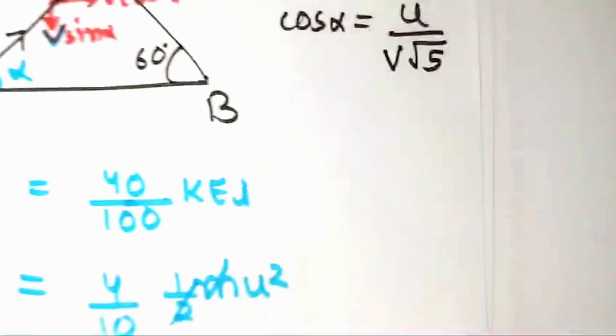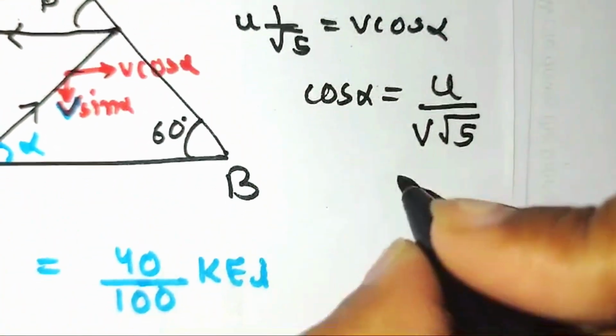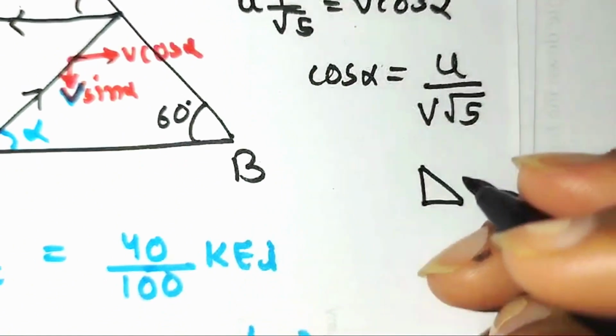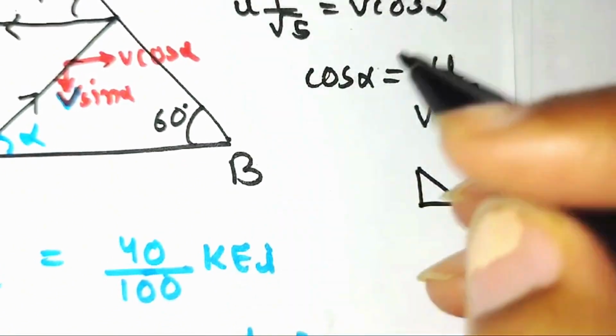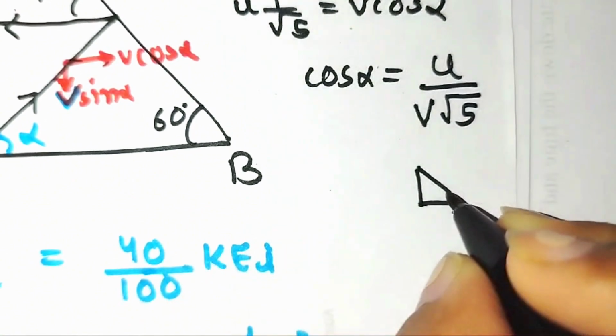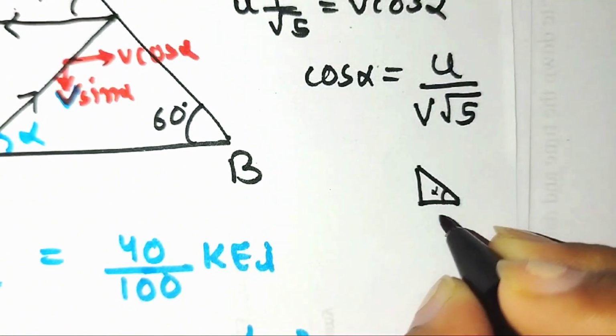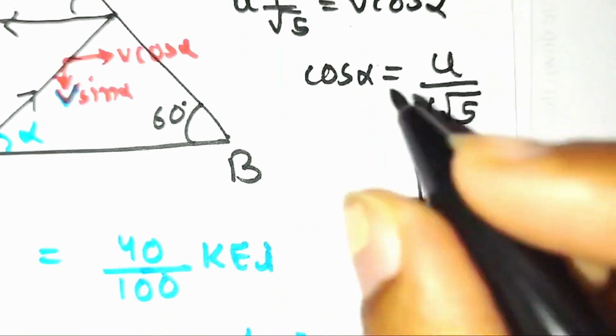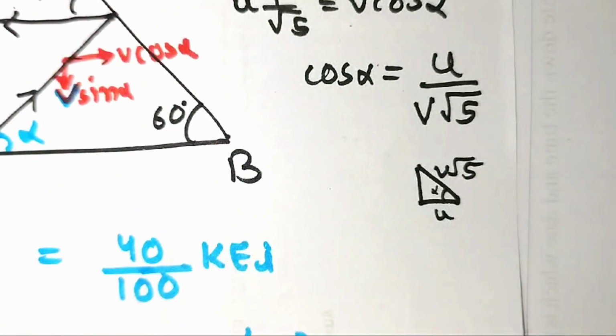You can imagine it to be a right angle triangle. Let's say this is the alpha, so this is the adjacent and this is the hypotenuse, but we need to find the opposite for finding sine alpha.